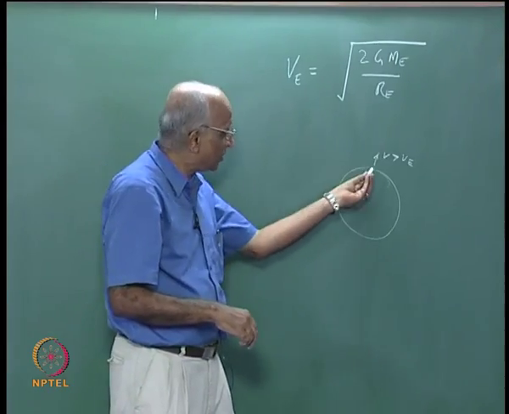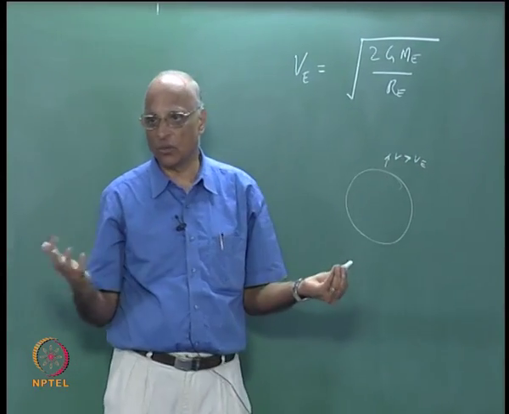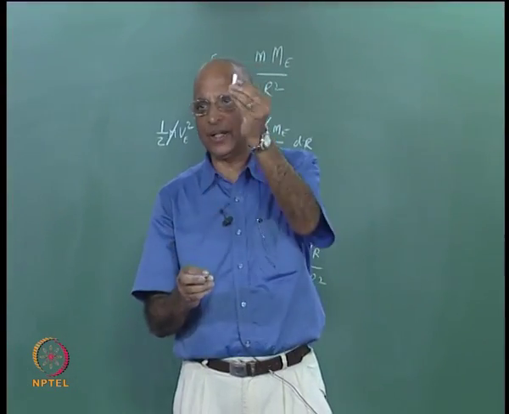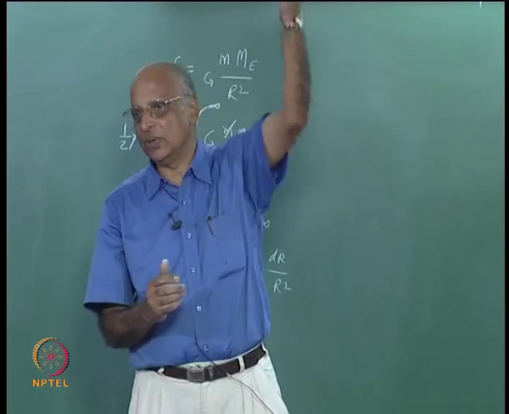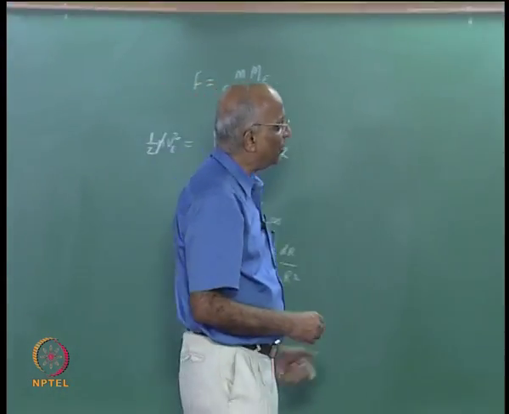The gas goes with such a high speed that it is greater than the escape velocity. Anything which travels at a velocity greater than this keeps on going up and escapes from the surface of the earth. Let us calculate the value.